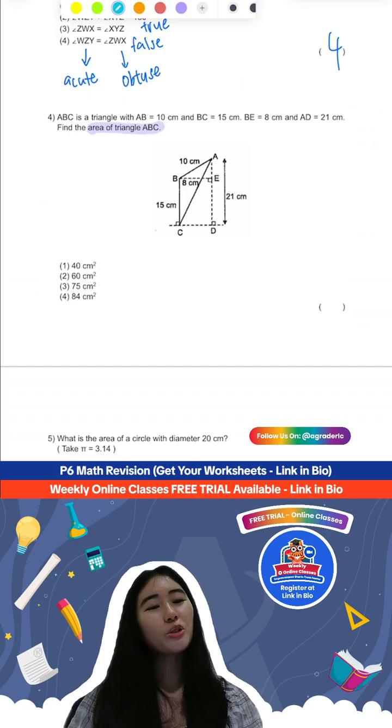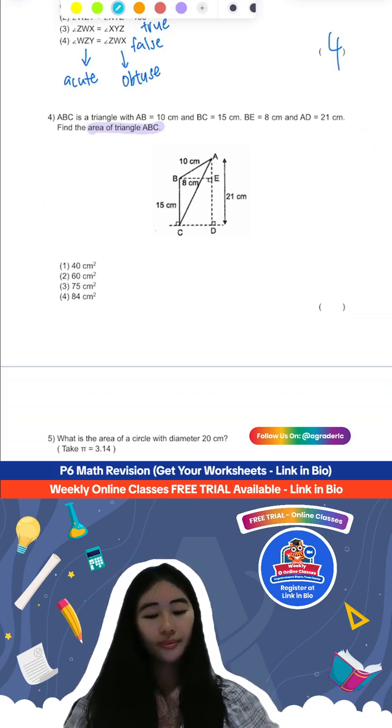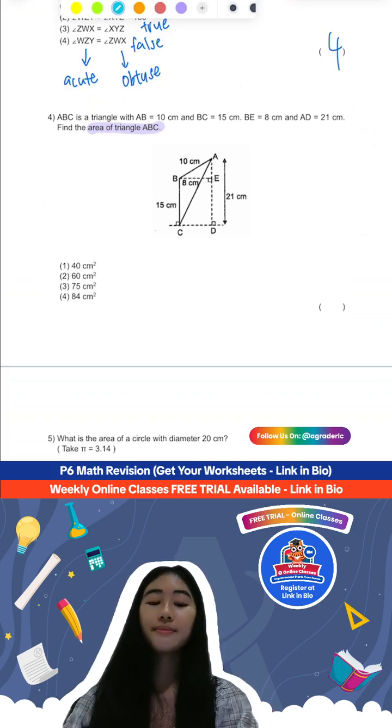Some of you say it's option 3. Okay. Anyone else has a different answer? Okay, so we have one person who says it's option 4. Anyone else has a different answer?